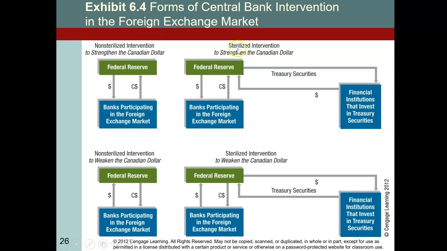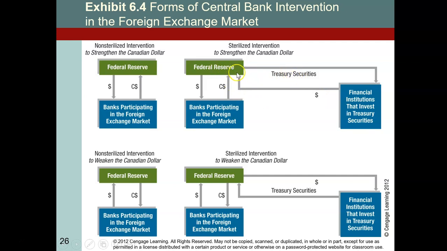On the contrary, if we want to do a sterilized intervention to strengthen the Canadian dollar, besides doing what we have been doing, we can also issue Treasury securities to financial institutions that invest in Treasury securities. So the financial institutions have to pay US dollars for purchasing these Treasury securities.